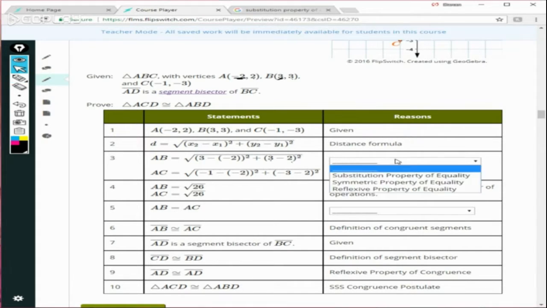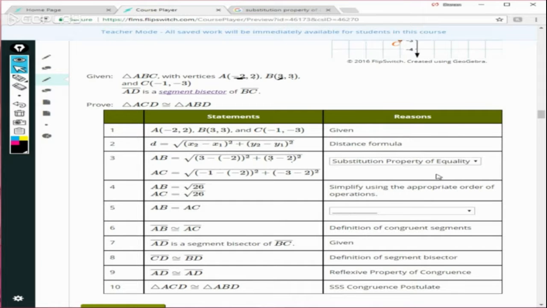So we have the substitution property of equality. Then they did the work, simplifying using the appropriate order of operations. And right here they jumped to the line segment AB being equal to the length of line segment AC.